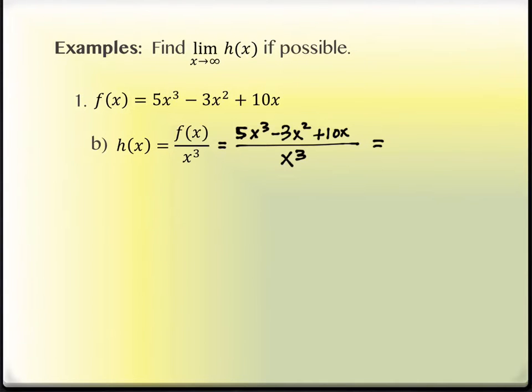So how will this simplify? 5 minus 3 over x plus 10 over x squared. Okay, excellent. Does that make sense to everybody? Wonderful. And then we're going to use that version to take the limit as x goes to infinity.